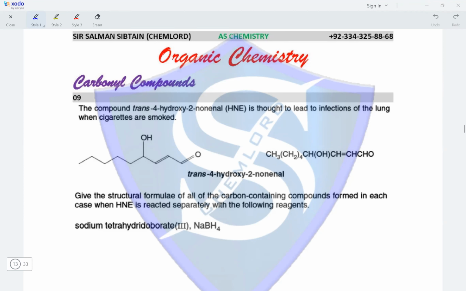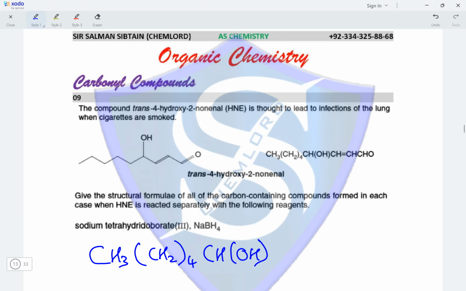So NaBH4 is a mild reducing agent. So what would happen is that the aldehyde group present on the right side of the compound would be reduced to a primary alcohol. So considering the condensed structural formula, we will have CH3, CH2 repeated 4 times. Then we would have a CHOH group, which is a secondary alcohol group.